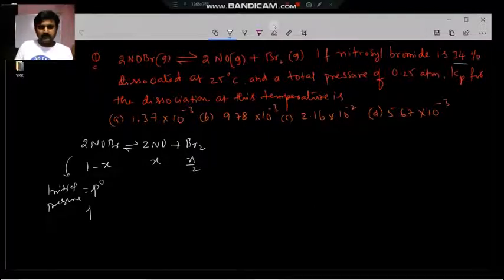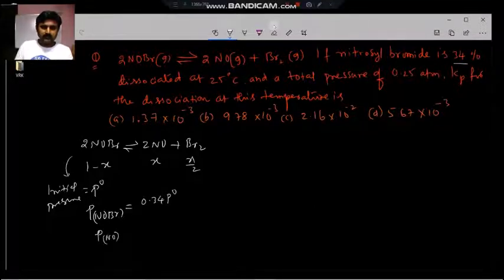Then what is the partial pressure of each species? They are telling 34% dissociated, which means 0.34. Similarly, the partial pressure of NO will also be 0.34 P naught.